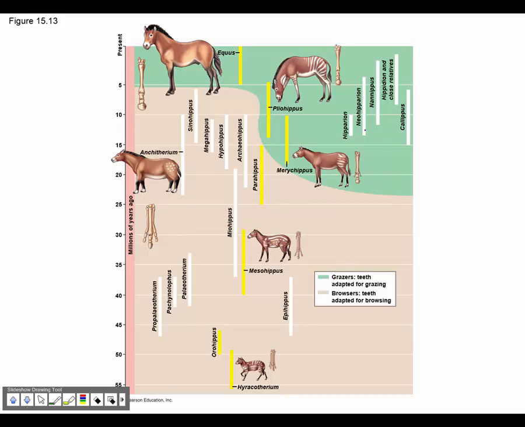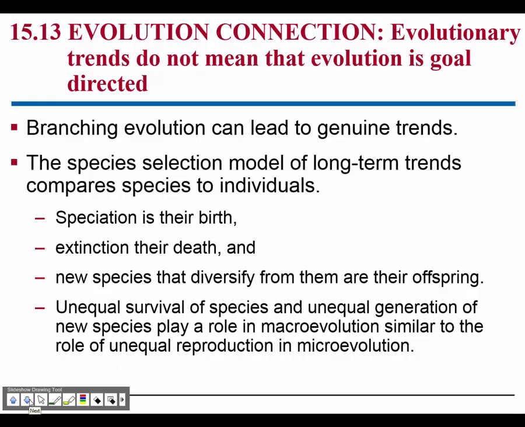So here's the ancestor right here, multiple toes, and here's the present-day horse with just one toe. And so we see grazers with teeth adapted for grazing and browsers with teeth adapted for browsing, but these guys all went extinct. But we have to look at the whole picture.